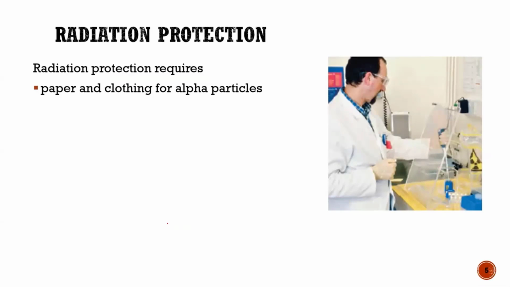So one of the things in this class is we talk about radiation and how you can protect yourself. What I usually tell students, and it goes back to our discussion in chapter 3 about electromagnetic radiation, is the size of the particle.